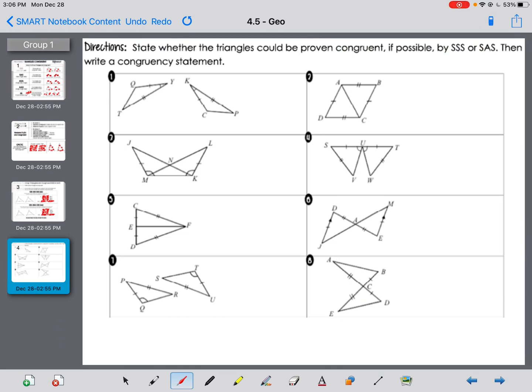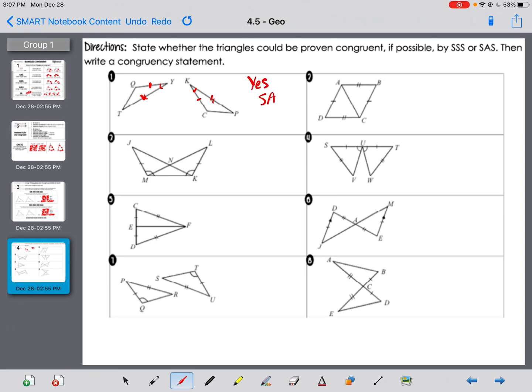All right, let's put it to work. State whether they are congruent, and if so, why? So let's look at number 1. Can we say that those triangles are congruent in some way? Well, I see this side, that side. I see an angle in between them, and I see this side and that side.